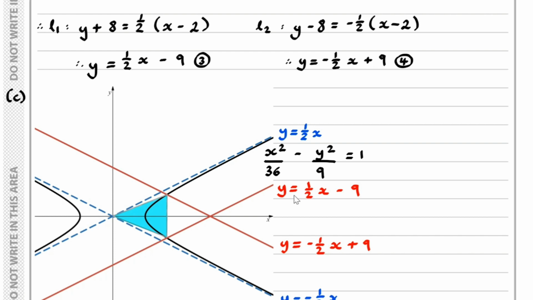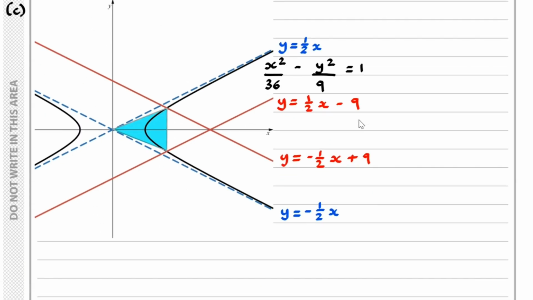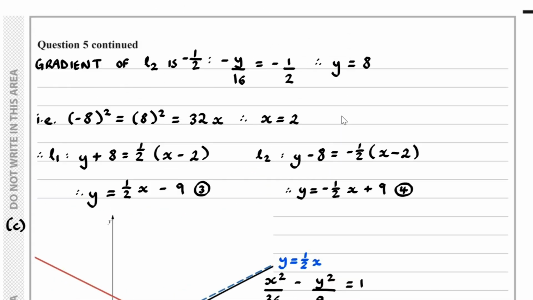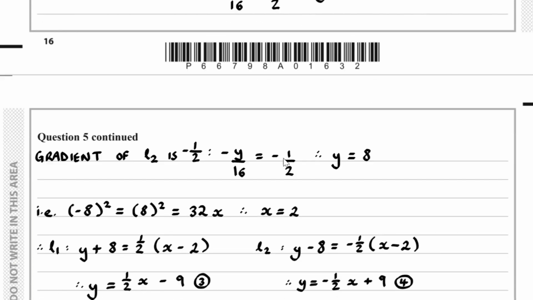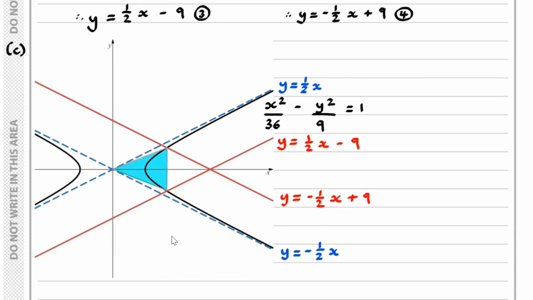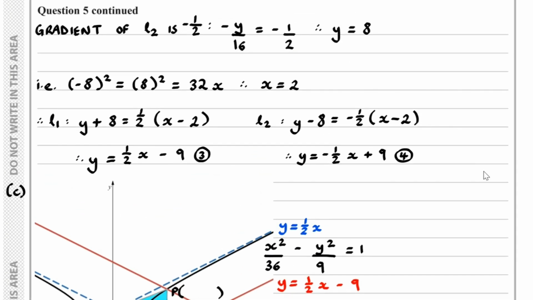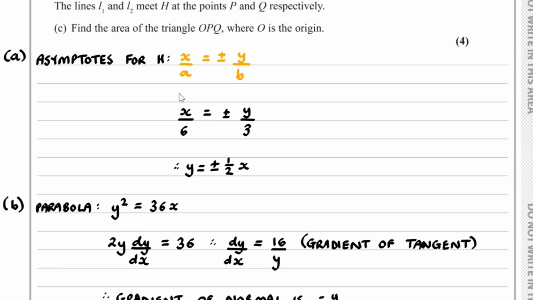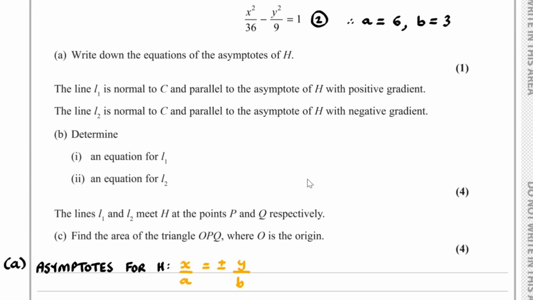Now, we know that these lines intersect the parabola, so we can find out the coordinates of P and Q, where here we've got the point P, here we've got the point Q, and here we've got the origin. So we need to find out what P and Q are. We can do this by substituting 3 and 4 into equation 2.